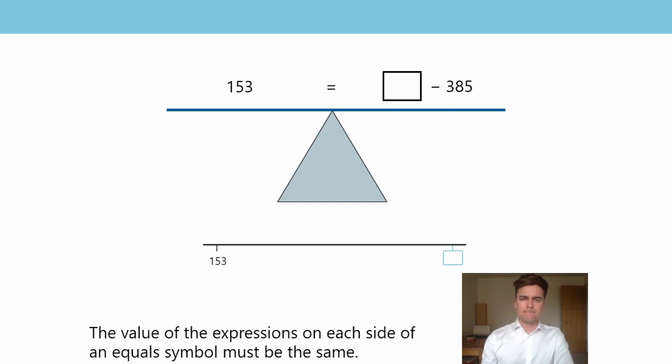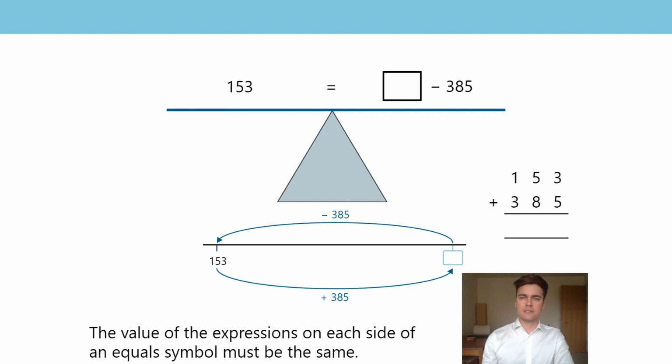153, blank space. That blank space, subtract 385, needs to be equal to 153. So, well, if I add the difference of 153 to 385, that will give me my missing minuend.